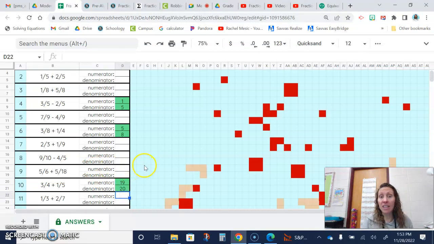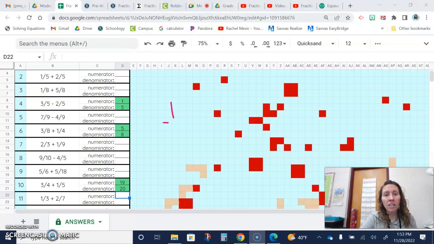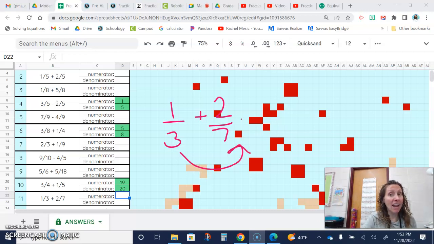All right, I'm just going to set up number 11, so it's the same strategy. So we have 1/3 and 2/7. So I'm going to multiply 2/7 by 3/3.